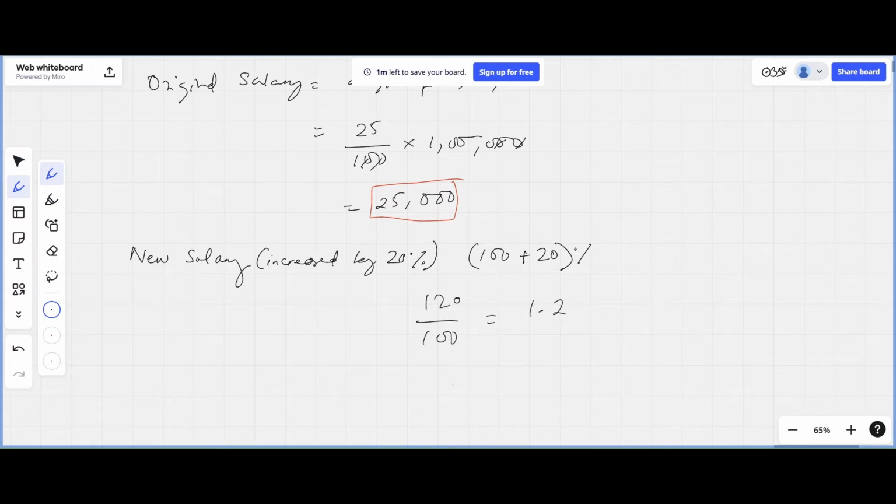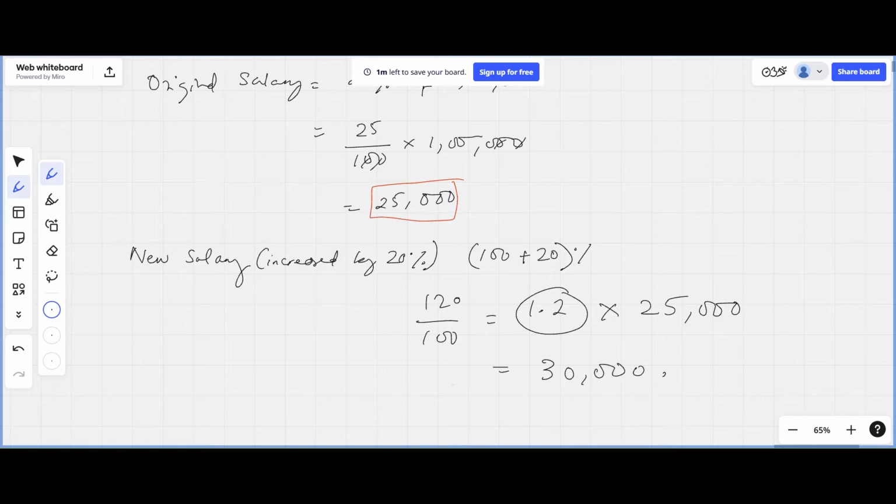If you multiply this with 25,000, the original salary, just use the calculator: 25,000 multiply 1.2 is 30,000. This is the new salary.